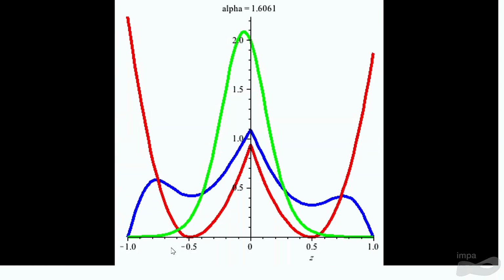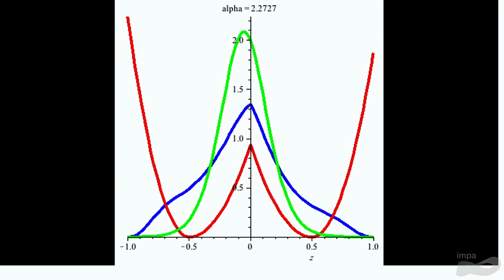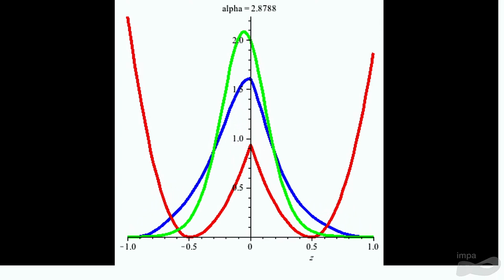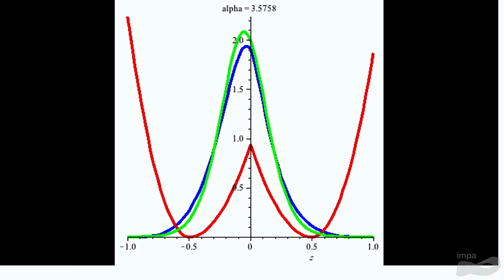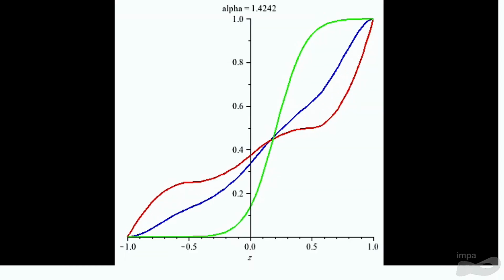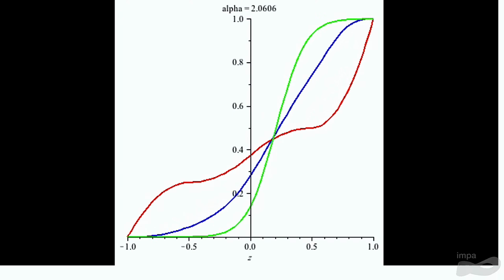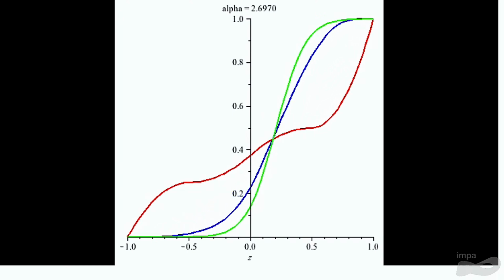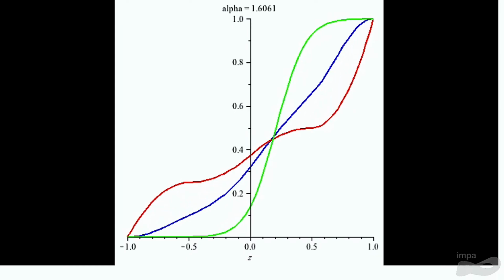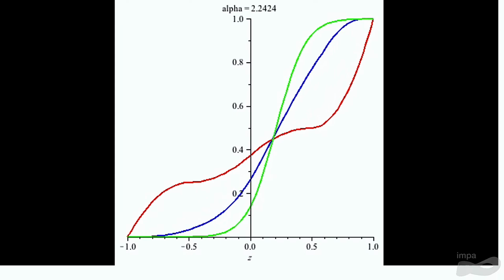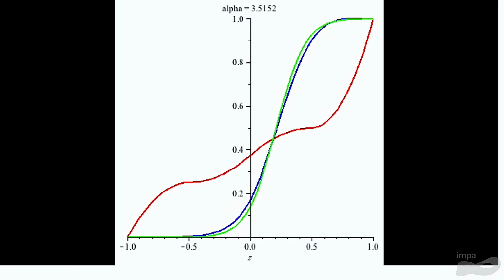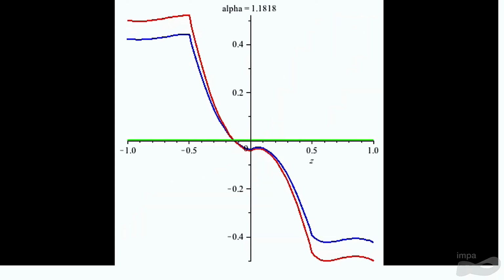The blue is J, for the omega function of this silly looking distribution, the induced distribution for the alpha-th power of its omega function.